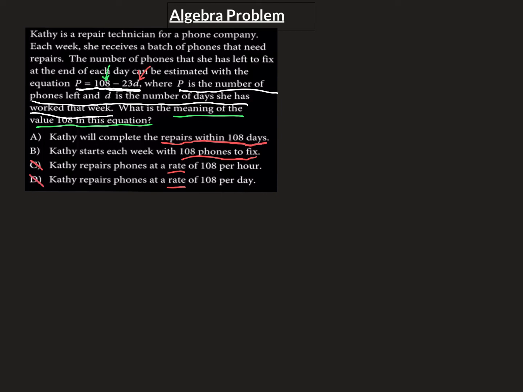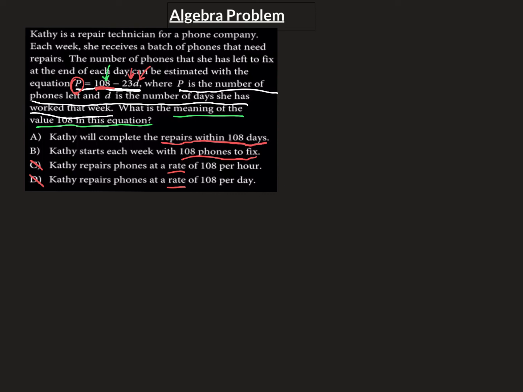Kathy will complete the repairs within 108 days, or Kathy starts each week with 108 phones to fix. Now P is the number of phones left, and D is the number of days she has worked. 108 would refer to how many she starts with, because she fixes 23 in a day, and depending on the number of days, she reduces by intervals of 23.